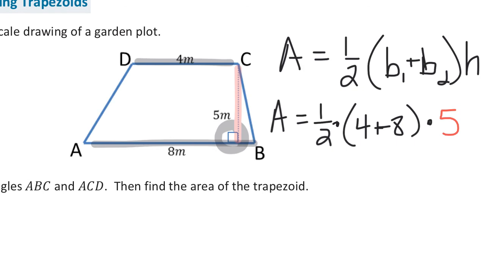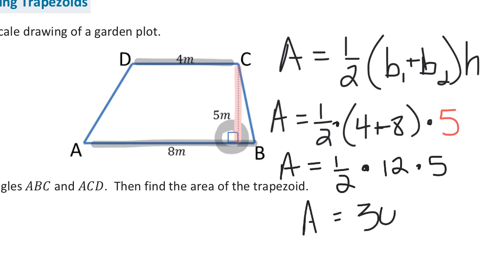But a lot of people like to go ahead and do the addition first and then plug it in. So either way is fine. So 1/2 times 12 times 5. So you plug that in and your area equals 30 meters squared.